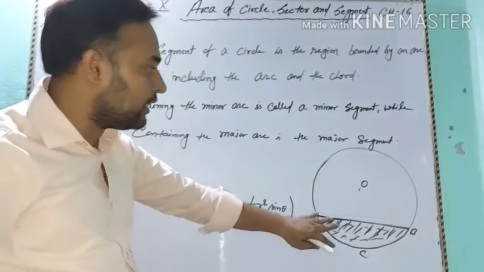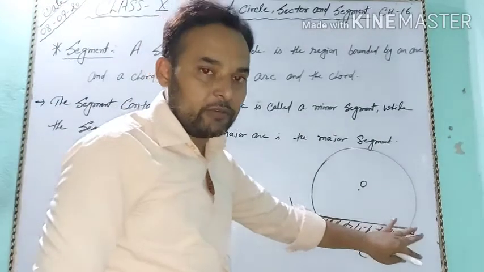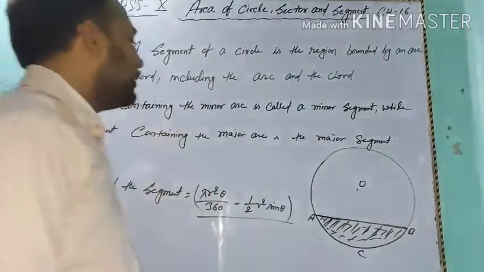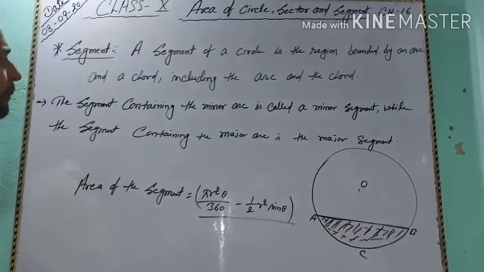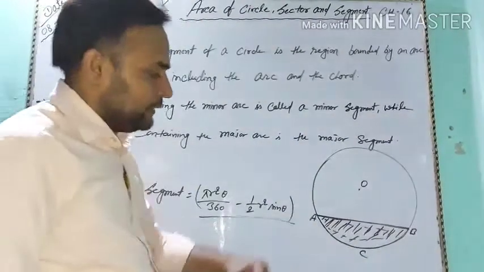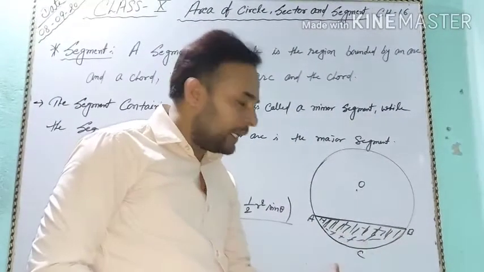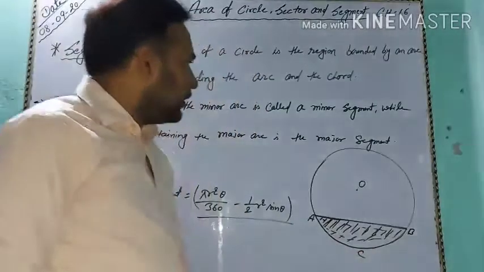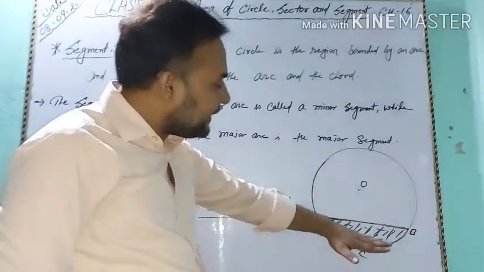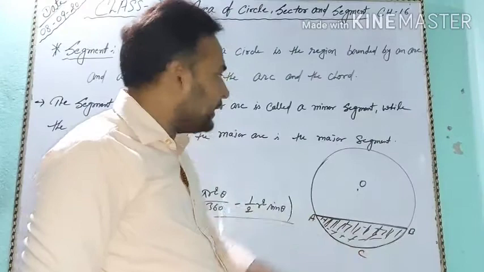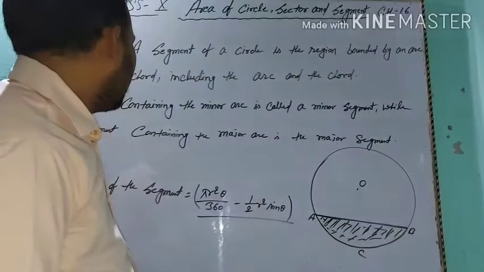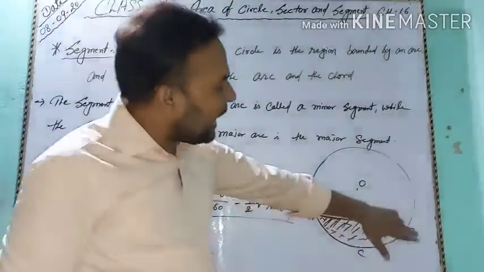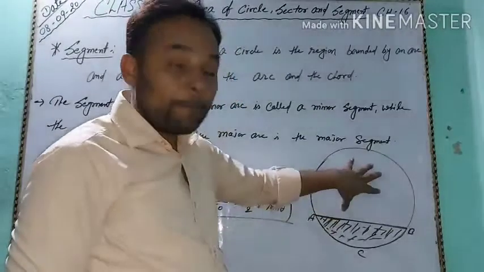This region is called the segment of the circle. The segment containing the minor arc is called the minor segment, while the segment containing the major arc is called the major segment.